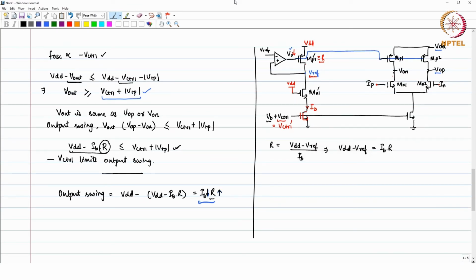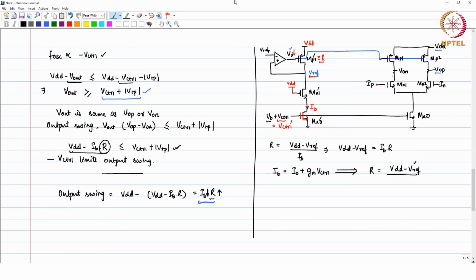I will write IB as some I naught plus GM, for this particular bottom transistor Mn0 dash, times V control, which implies that resistance is equal to VDD minus Vref.